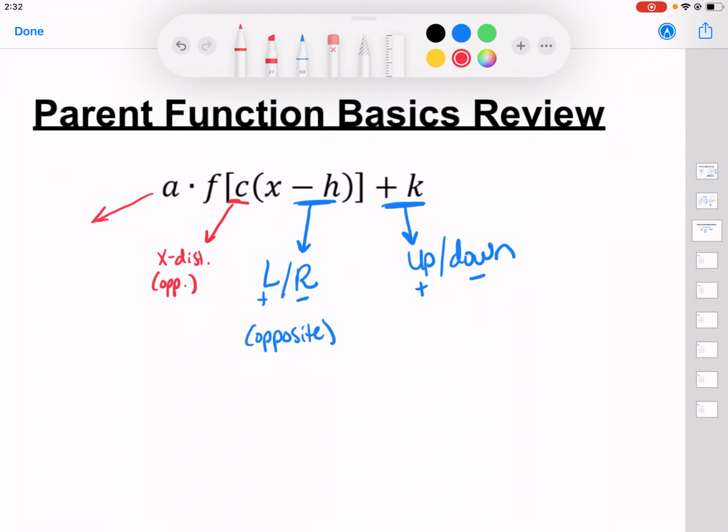And then the a is called the vertical stretch or compression. That's the official name for it. I call it a y distortion because when you're compressing or stretching your y values, you're affecting the vertical portion of the graph. So for the y distortion, there's nothing opposite. It's just going to affect your y's. So if you're a key point person, those are the big main things you need to know.